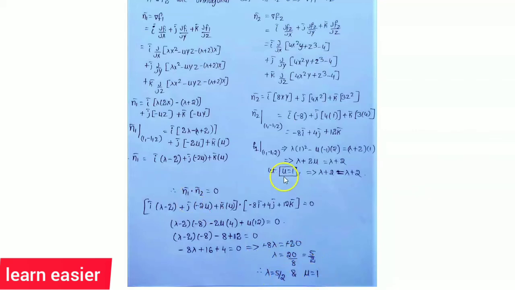How did we get this? By taking the function f1 and substituting 1 comma minus 1 comma 2 in that function. After satisfying this equation, substituting mu equal to 1 in this equation, we get the value of lambda.